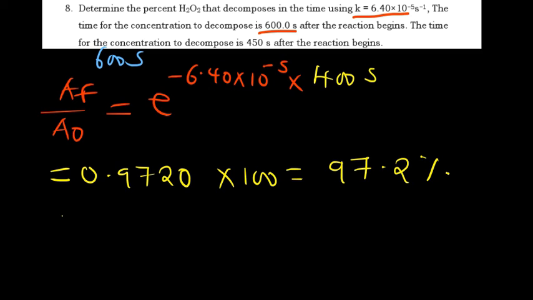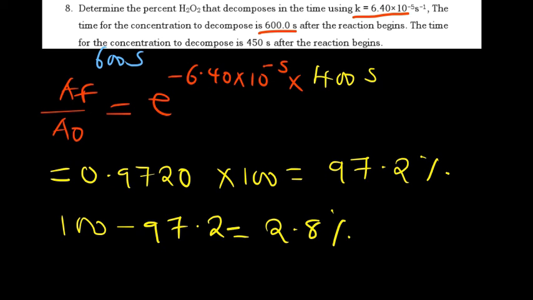You can subtract from 100 to determine how much decomposed, and you find that it's 2.8% in this case. So that's how you handle question 8. You are easily able to come up with the ratio of the final to the initial by expressing the equation in the form of an exponential using the natural log equation, that is, the integrated equation for the first order reaction.